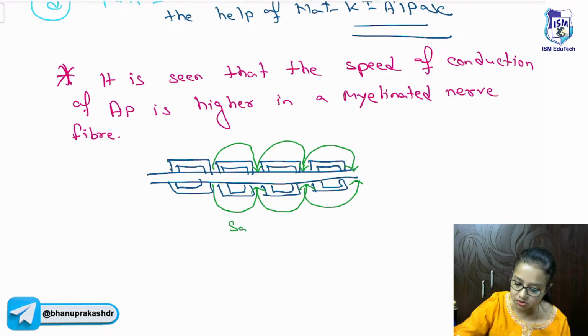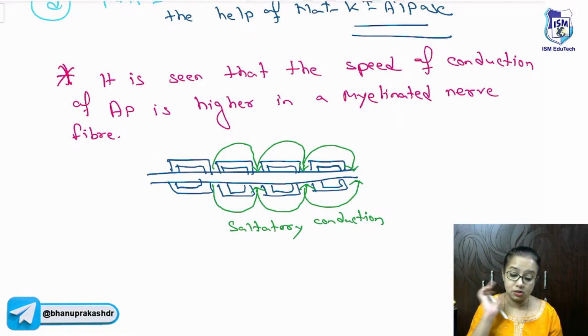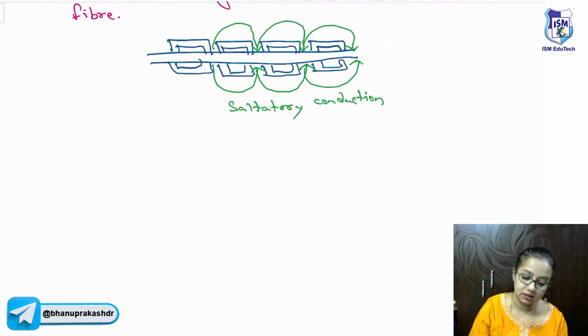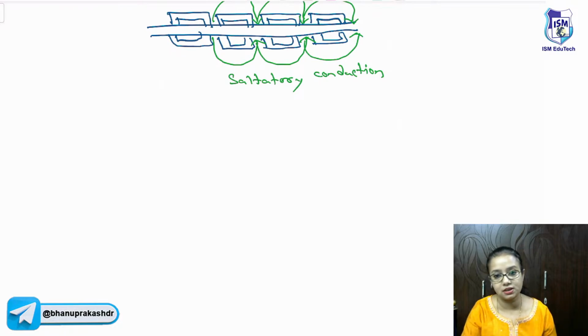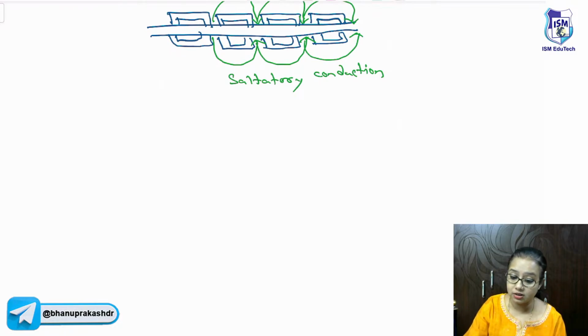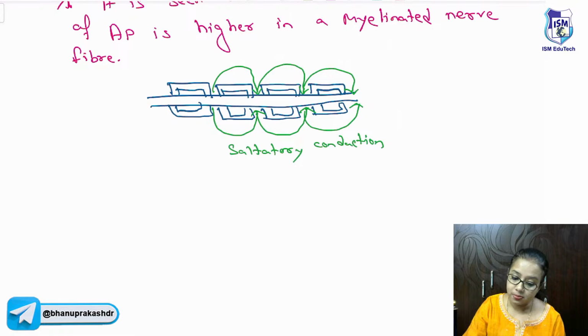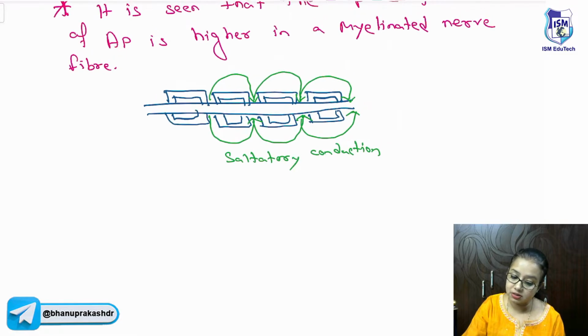This type of conduction of impulse is called saltatory conduction. So the rate of conduction is faster in a myelinated nerve fiber.